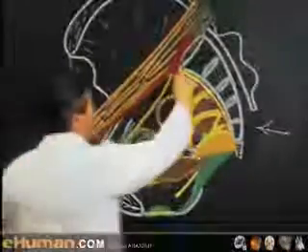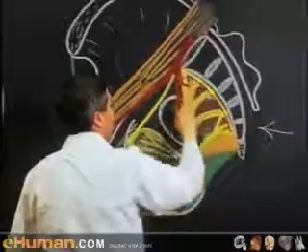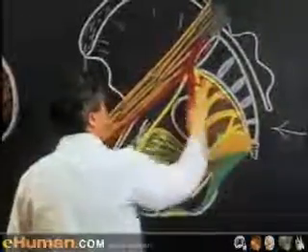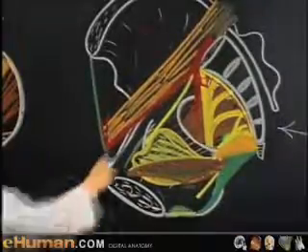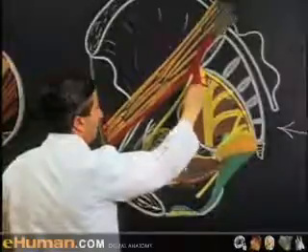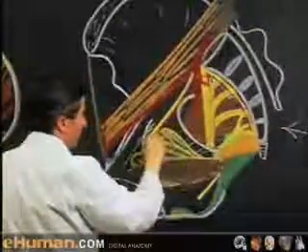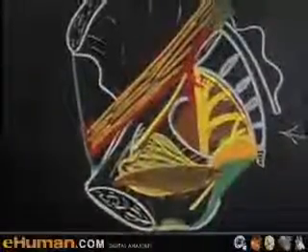Now the anterior division comes on down and it'll divide up into a number of branches which will supply the viscera contained within the pelvis. One of its first branches will be the obturator artery, which passes forwards with the obturator nerve and disappears through the obturator canal into the thigh.